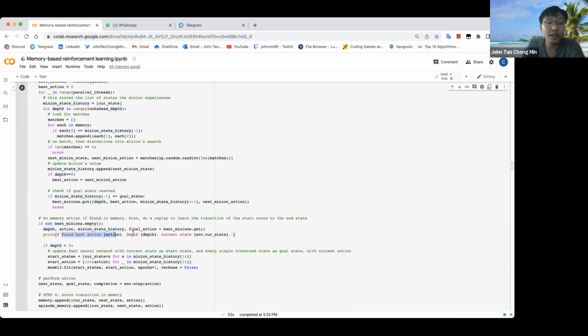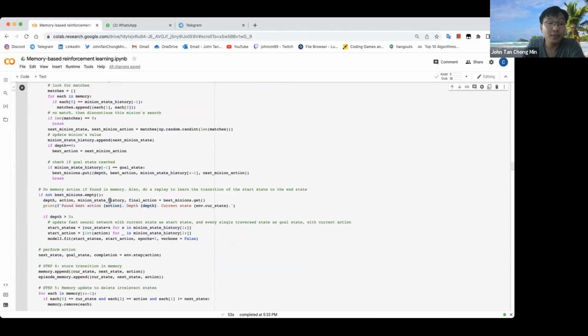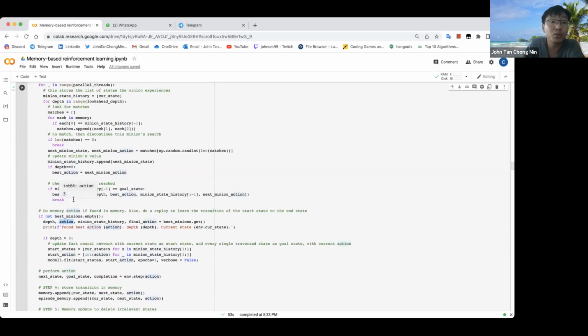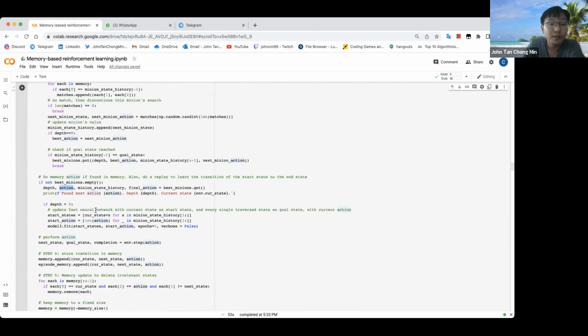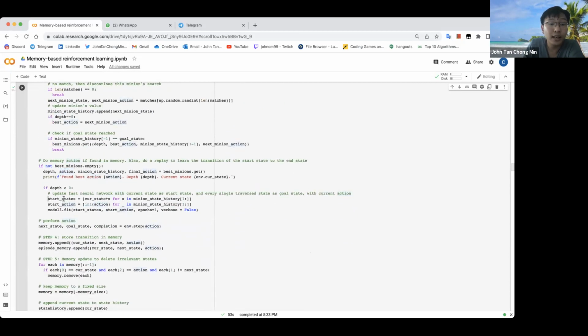So this will be the action with the minimum number of look-ahead steps. If we can find an action like that, we store it and override the action with the slow memory retrieval, because slow memory retrieval is the most accurate one compared to the generic goal-directed mechanism. After that, we do what I did for the fast memory.